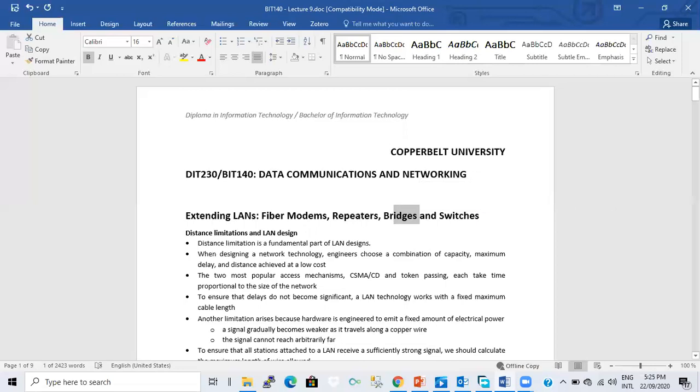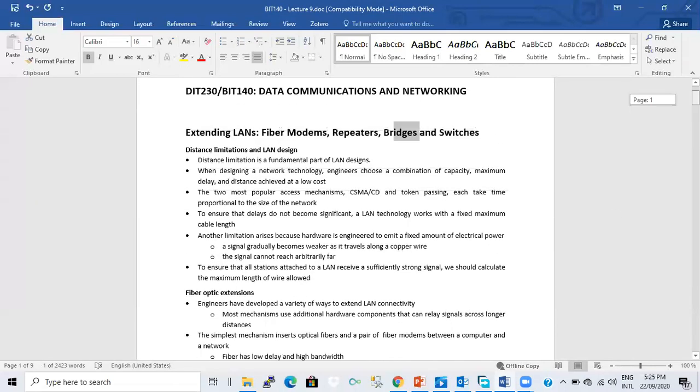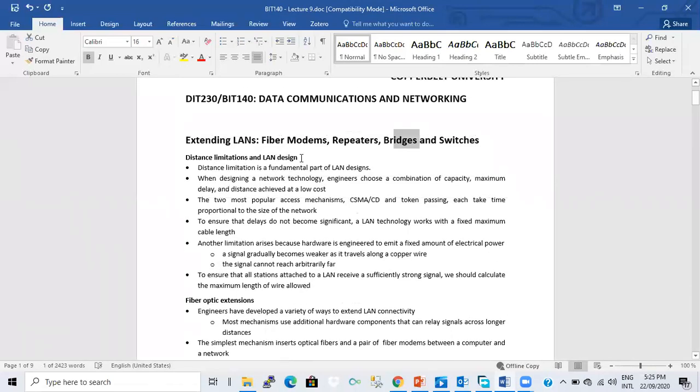Like I was mentioning, here we are saying distance limitations and LAN design. Distance limitation is a fundamental part of all local area network designs. When designing a network technology, network engineers choose a combination of capacity, maximum delay, as well as distance achieved at a low cost.